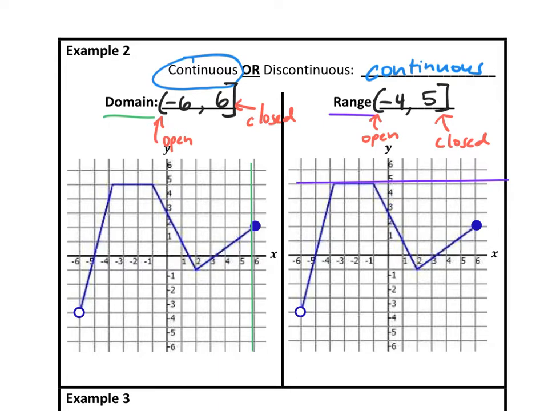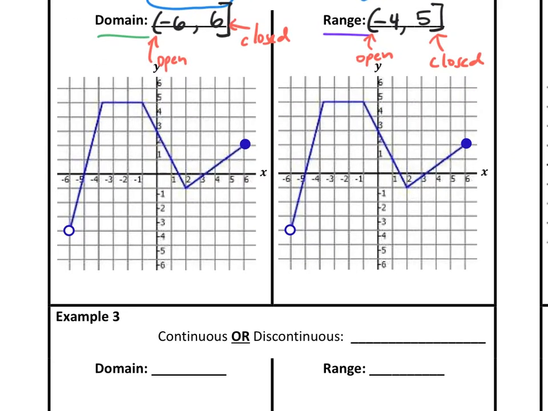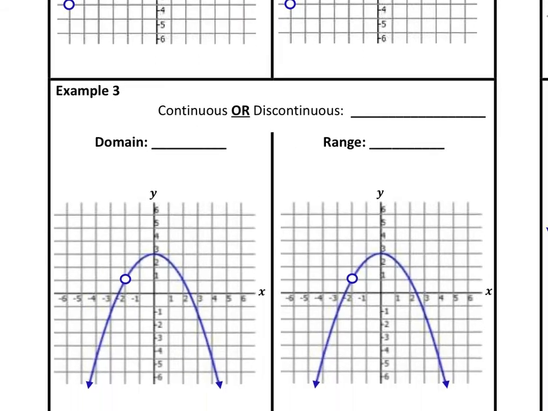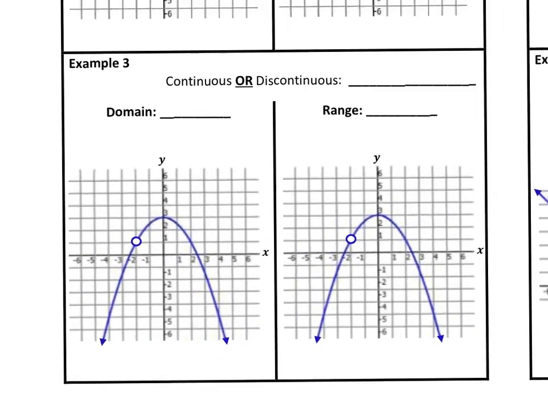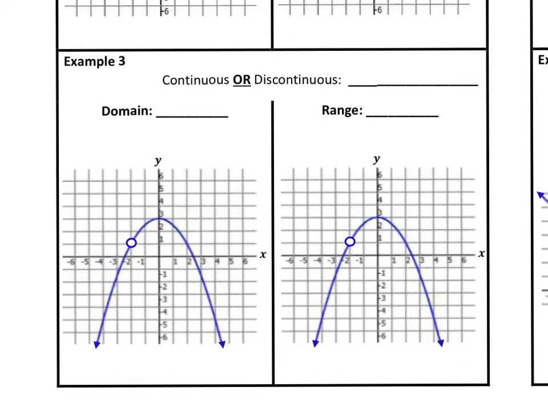All right. Example 3. Let's check to see if it's continuous. So can I draw it without lifting my pencil or pen? But at this point, there's some sort of hole there, right? So I have to lift up my pencil and then start and continue.